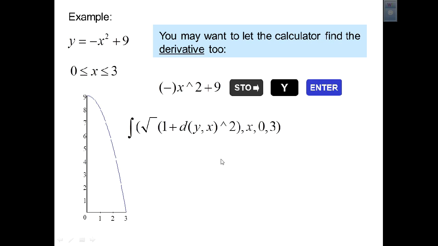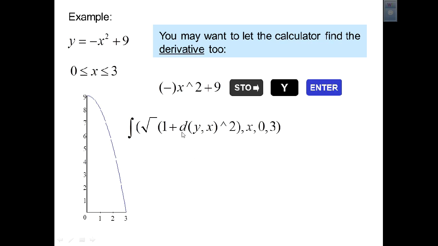They would not give you credit if they gave you the function y and you just said the integral of the square root of 1 plus dy dx squared dx. You'd actually have to put in the derivative and solve it. So calculator wise, this would work, but I'm not a big fan of getting in the habit of doing it that way.